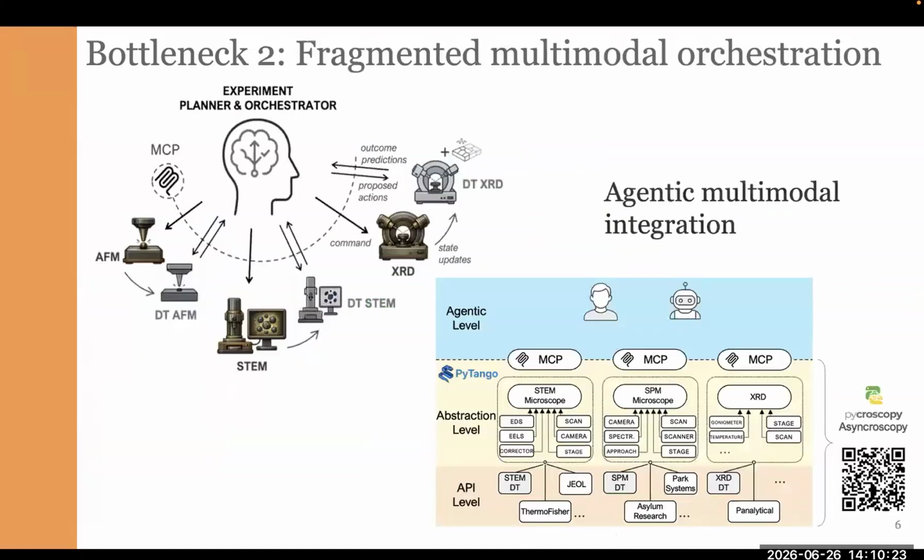The second bottleneck is, to some extent, a bottleneck of the first one. It's related to the fact that our material characterization is still quite complex and requires multimodal insight.